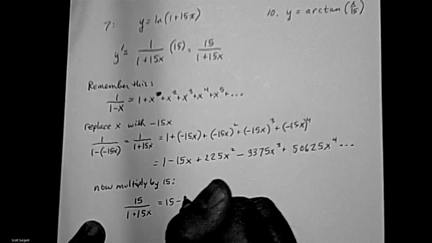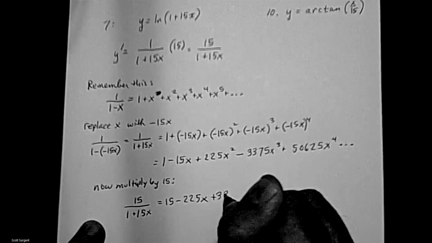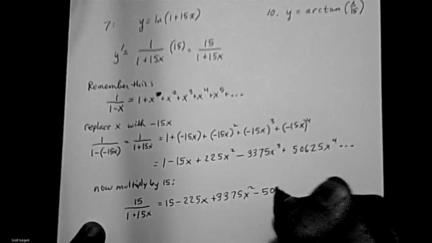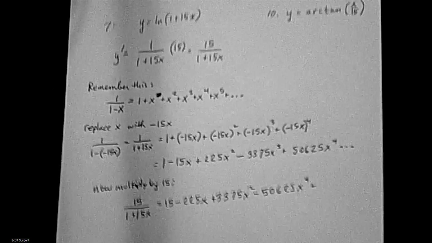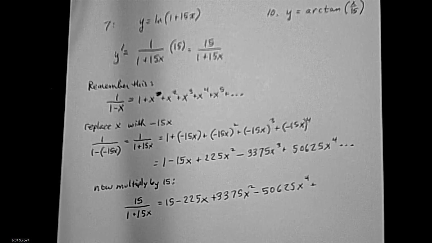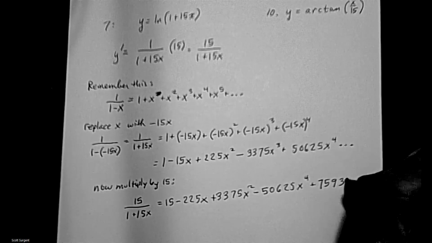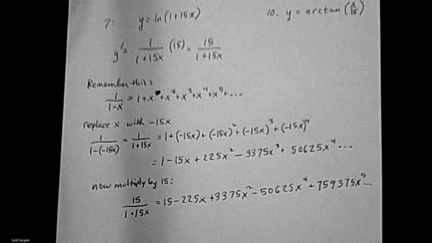This becomes negative 225x. This becomes plus 3375x squared. This becomes negative 50,625x to the fourth. I guess we need another one, so it'll be 15 to the 5, which is, oh geez, 759,375 x to the 5, dot, dot, dot.